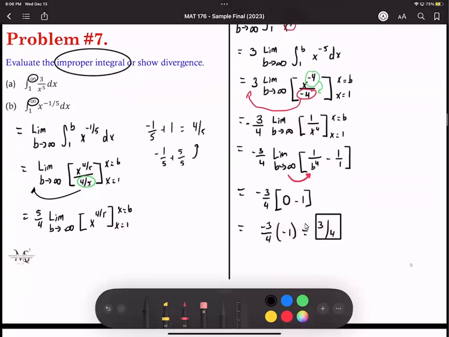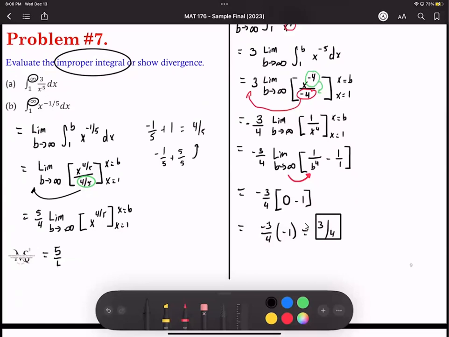Now you can go ahead and plug in your limits of integration. You will get b to the power of 4/5 and then 1 to the power of 4/5.